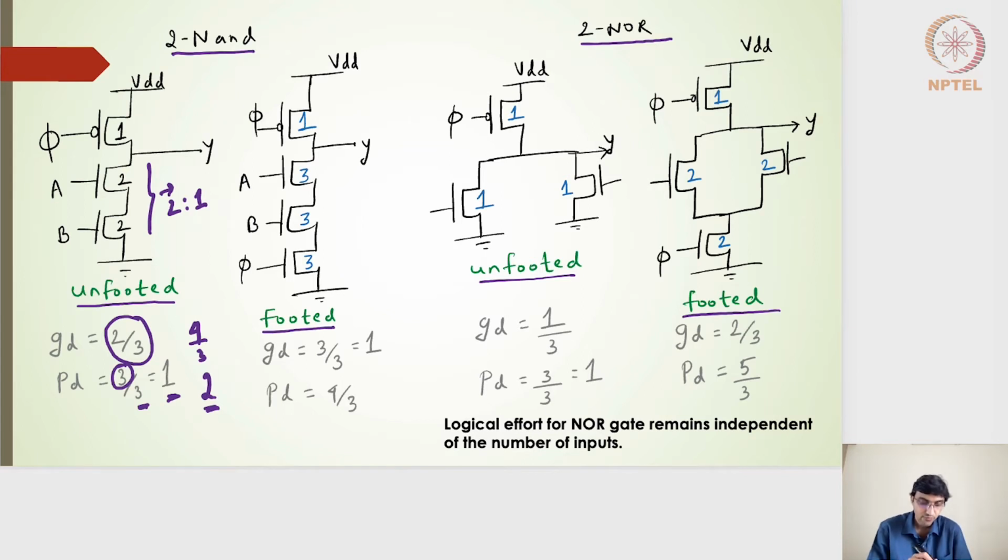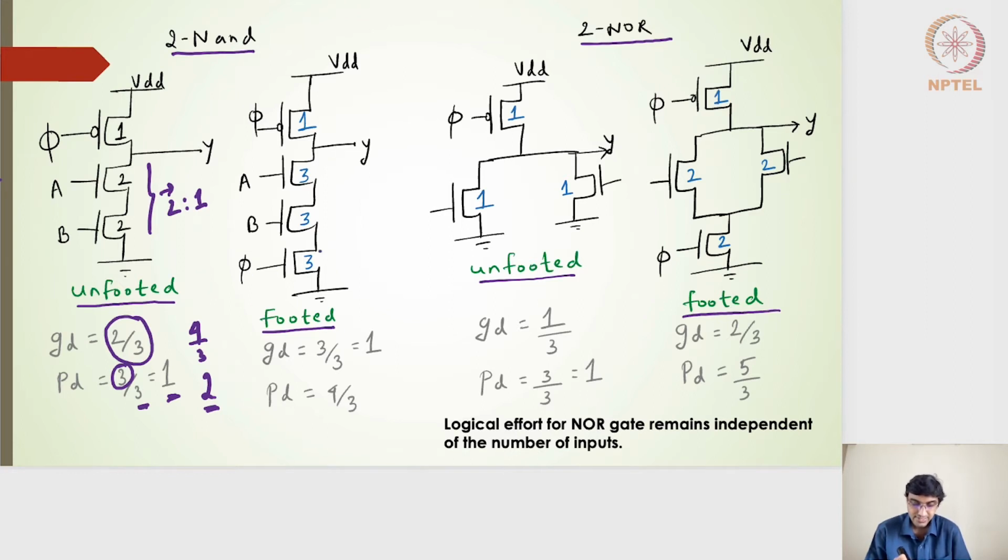So for example, if phi is equal to 0 during the pre-charge mode, this PMOS will be on, and for some reason A and B will be 1, so then my NMOS will also be on. So I will have a current on the pull down side, I will have a current on the pull up side, thereby that contention will be there, and that is the reason why we have a foot transistor, right?